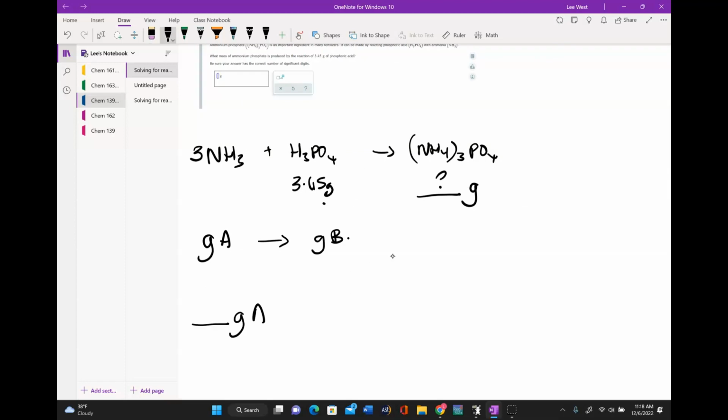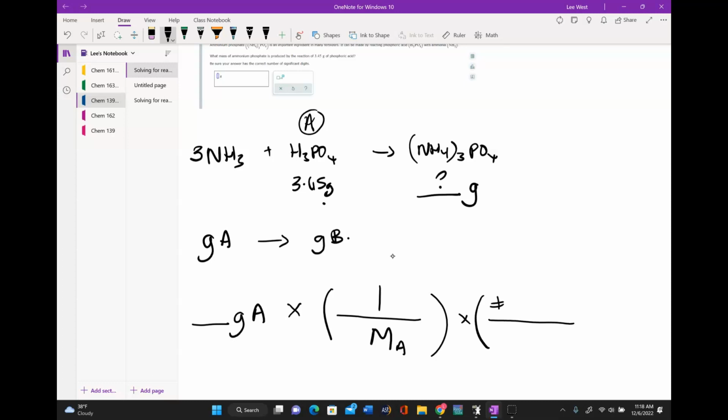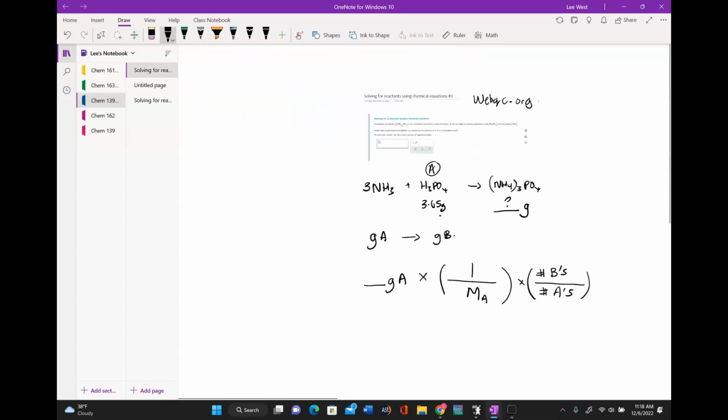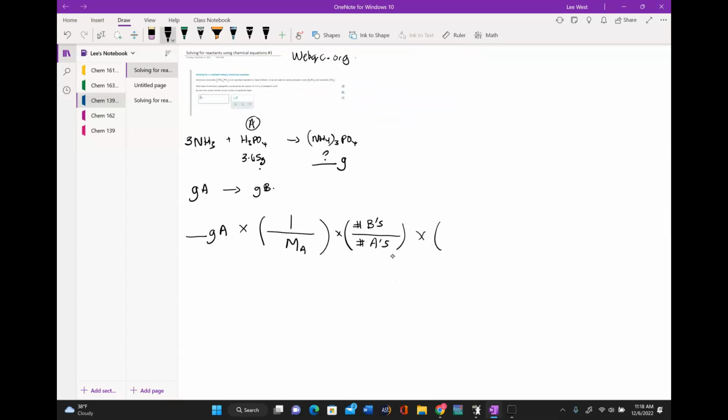You take your grams of A, which in our case will be this one, you multiply that by 1 on its molar mass, you multiply that by the number of B's that are in your equation over the number of A's that are in your equation, what we call the mole ratio, and then finally you multiply that by the molar mass of your B. And when you do all of that, you get your grams of B, and our B in this case is that one.